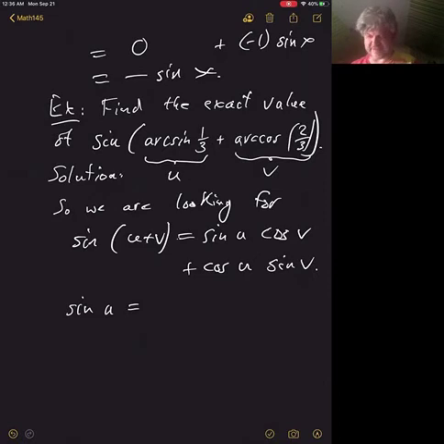I'm deliberately stalling, give you a few seconds to think. That's 1/3. Next, what's easy? The cosine of V is the cosine of the arccosine of 2/3. What's that? 2/3.